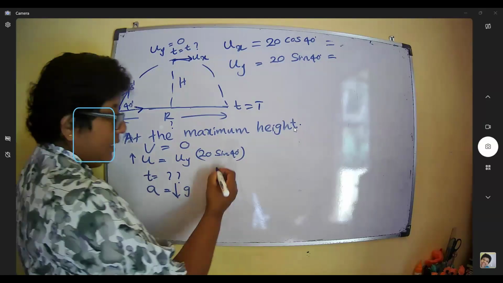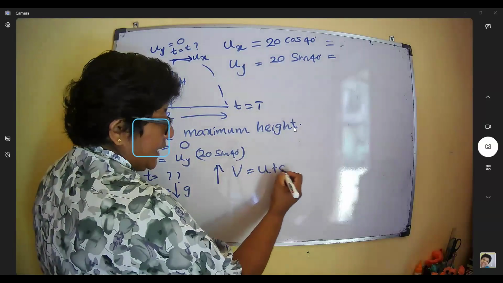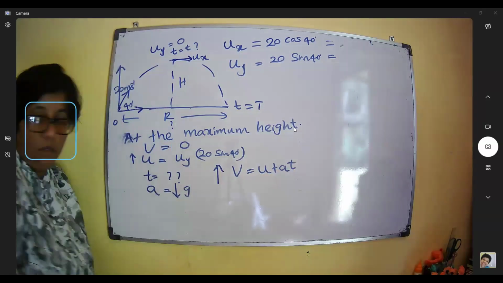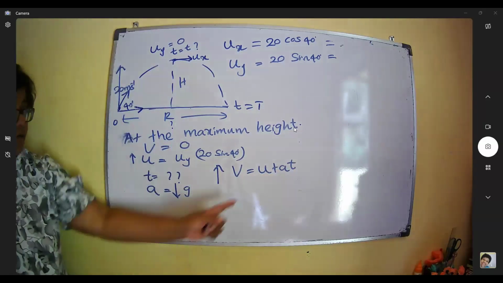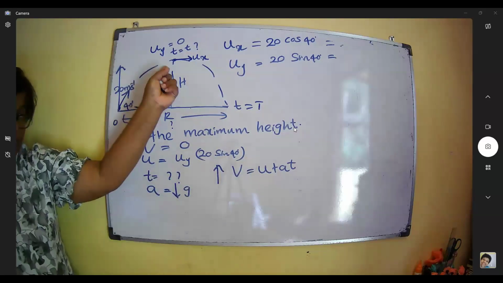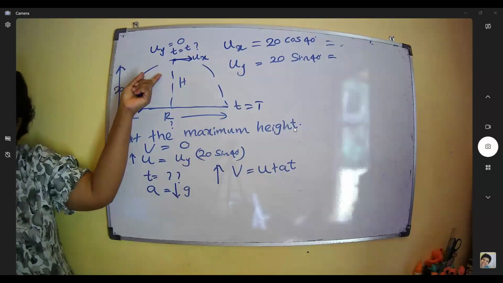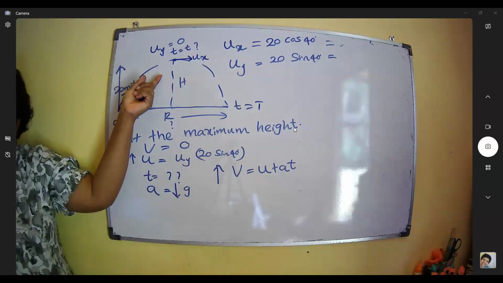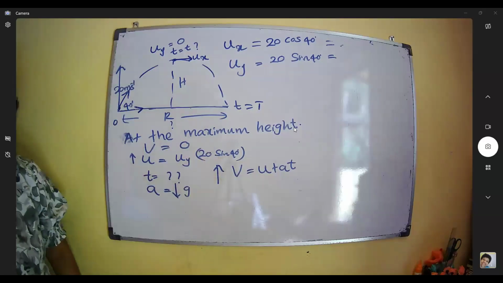I am taking upward as positive, V is equal to U plus at, from the initial point to the maximum height point. At the maximum point of the motion I can find time t.